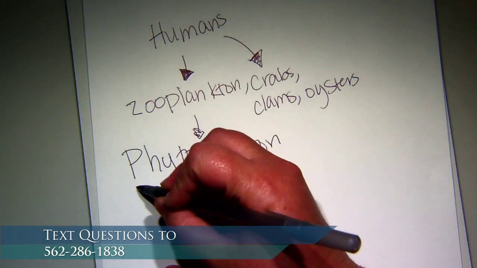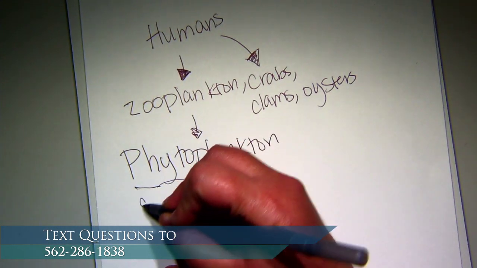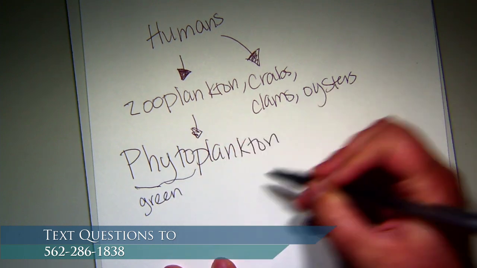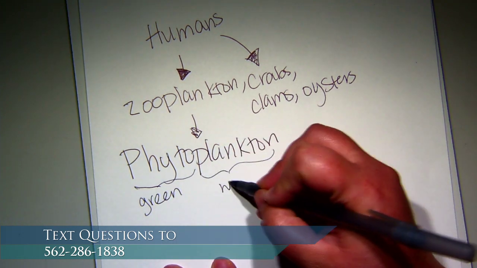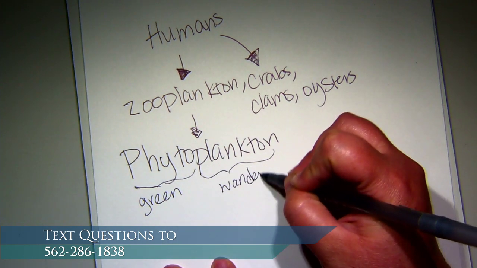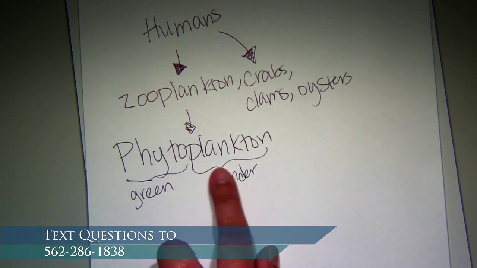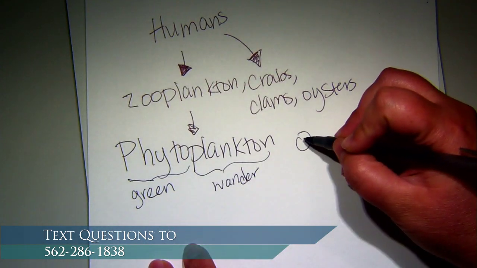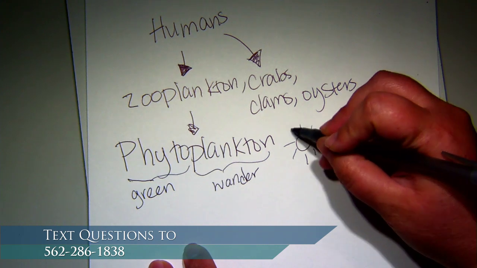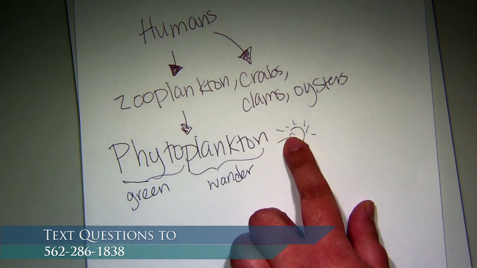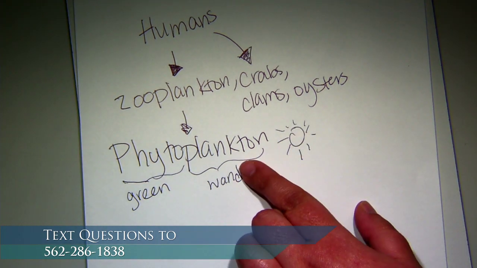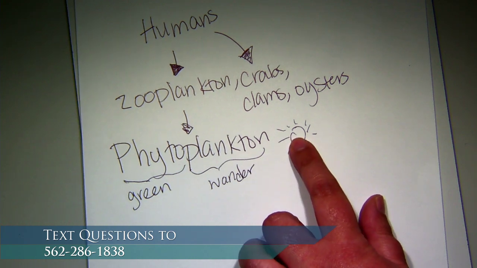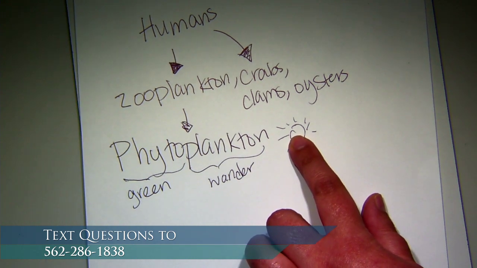Phyto means green, or green wanderers. Plankton means wanderer. So these phytoplankton use the sun to get their energy. And that's how they're able to survive, much like how grasses or trees do on land.